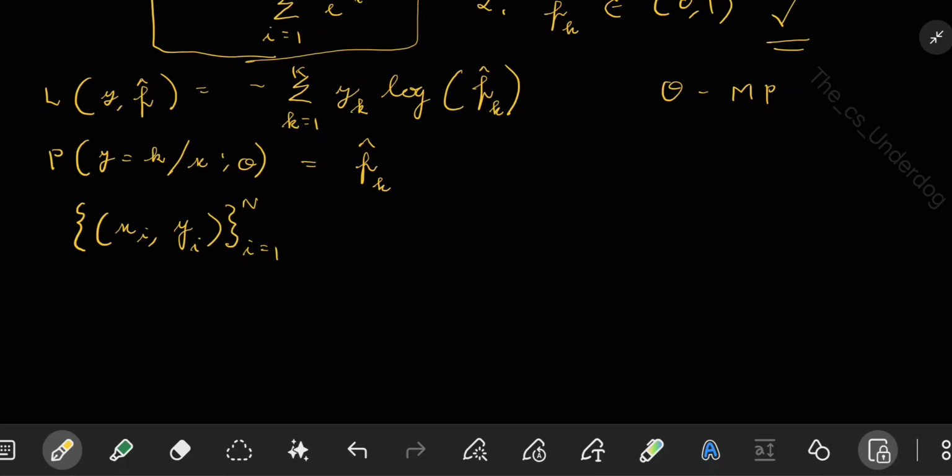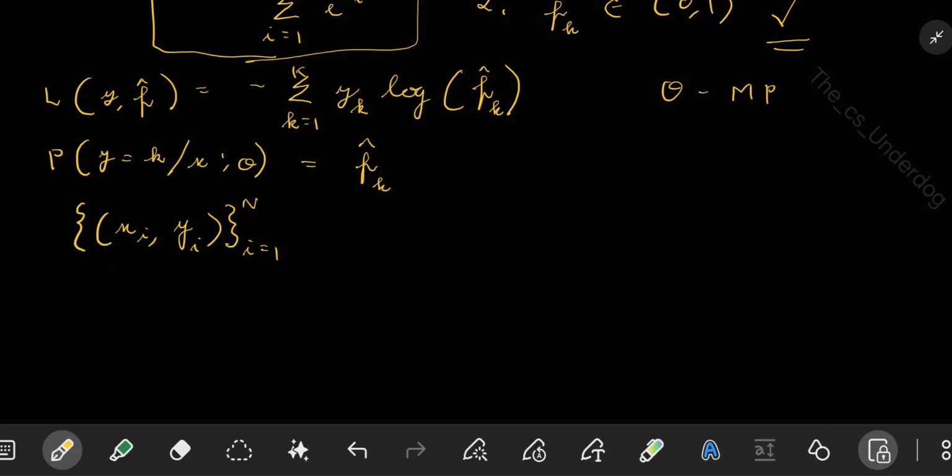How can you write the likelihood? Here you have xi and yi, where yi is the true label, and n examples. You want to maximize the likelihood of observing the true label in all these n cases.